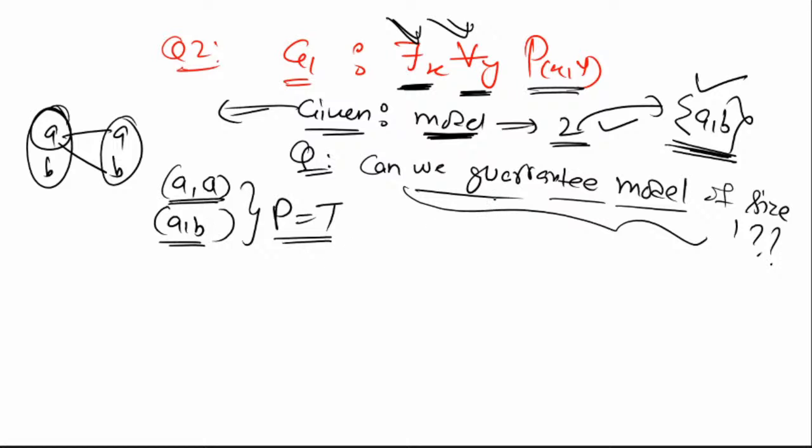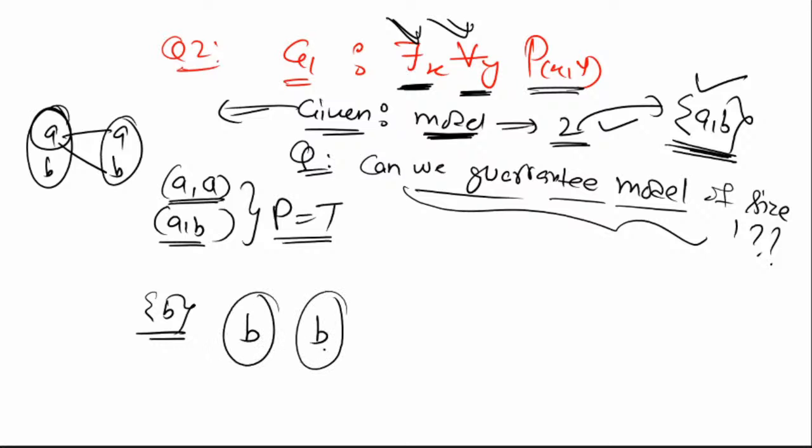Now, can we guarantee that a model of size 1 exists? I will try my best to not have a model of size 1. So what I will do, I will take this B. If I take this domain with the single element B, then for this B comma B, this P need not be true.